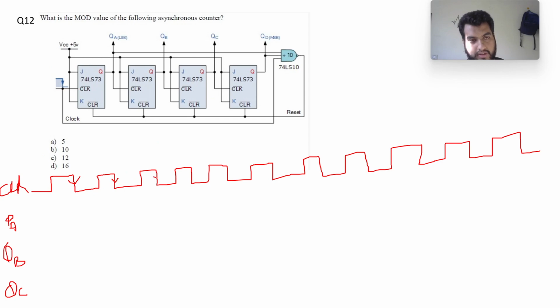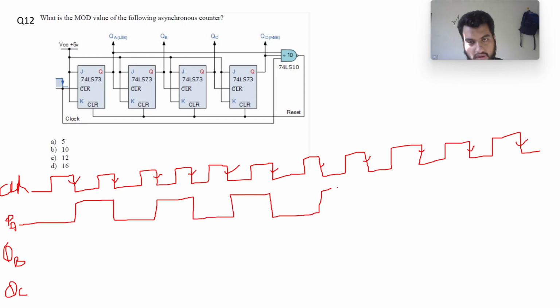Now for QA, J equal to K equal to 1. So at the falling edges of the clock, my output will toggle. Let us assume it starts with 0 0 0, so it will toggle here, only at the falling edges of the clock.